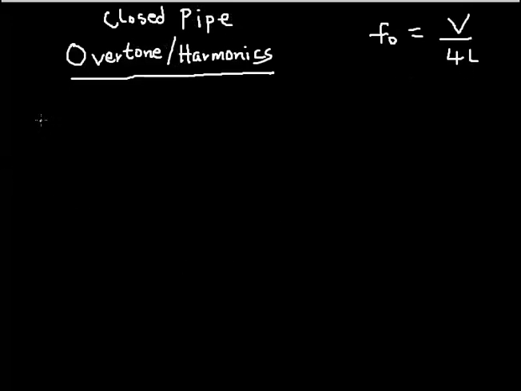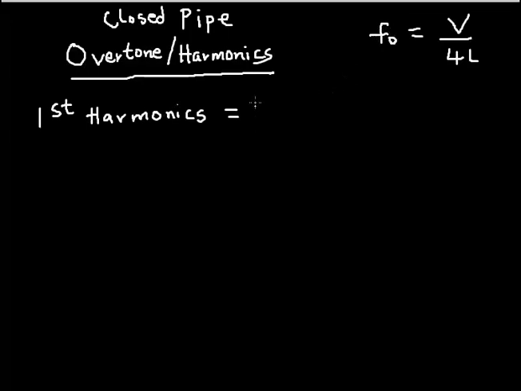Which simply means that the very first overtone, or first harmonic, is going to be the very first odd multiple. What's the odd multiple apart from 1? Odd numbers go 1, 3, 5.